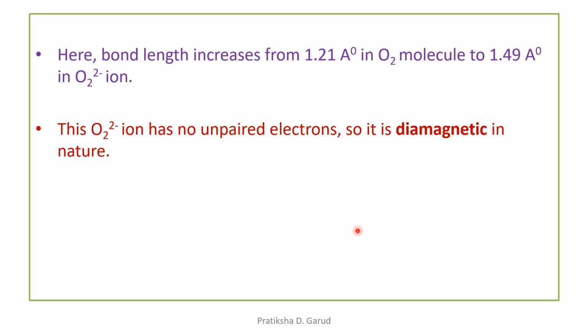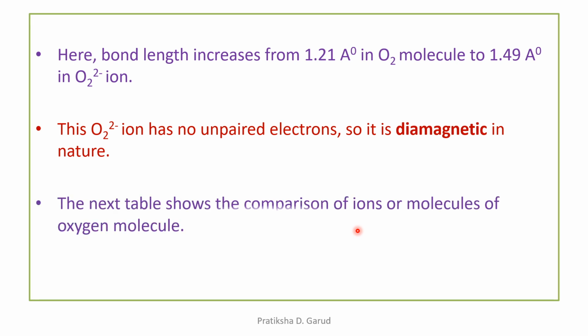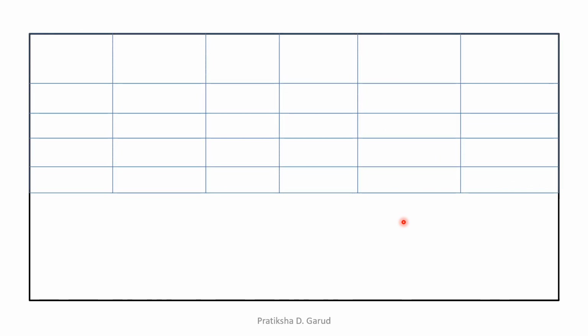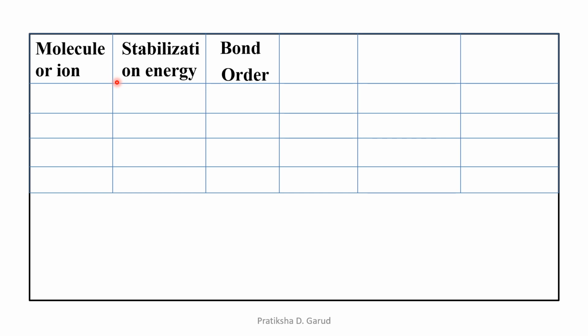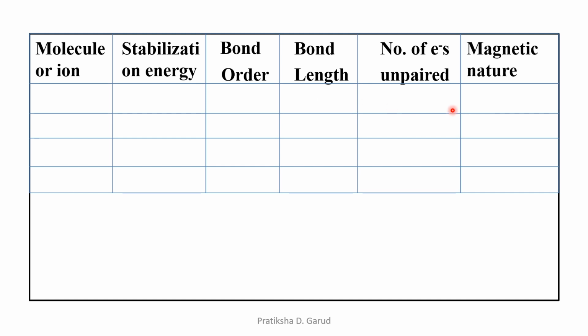So let's summarize all this. The next table shows the comparison of ions or the molecules of the oxygen molecule. So we are having a table. First of all, we have to consider the molecular ion. Then we have to consider its stabilization energy. Then the bond order, bond length, number of unpaired electrons, and finally we have to consider their magnetic behavior or the magnetic nature.